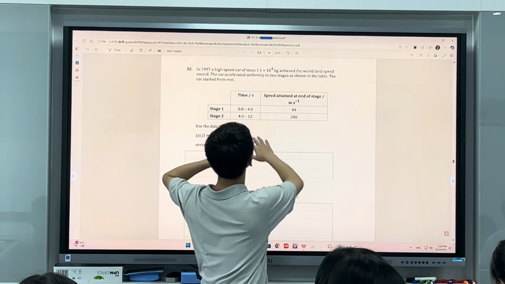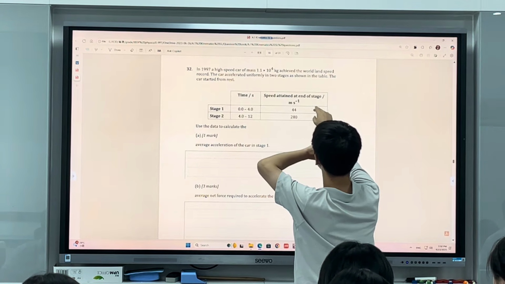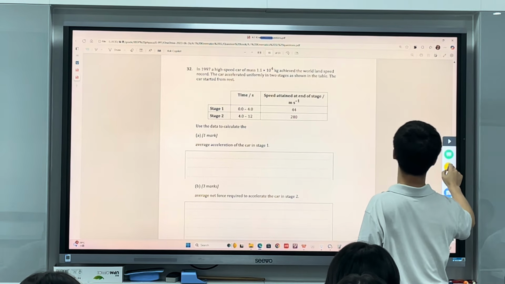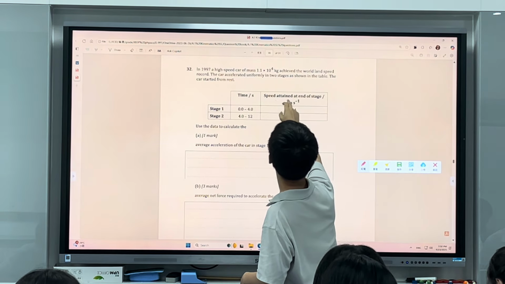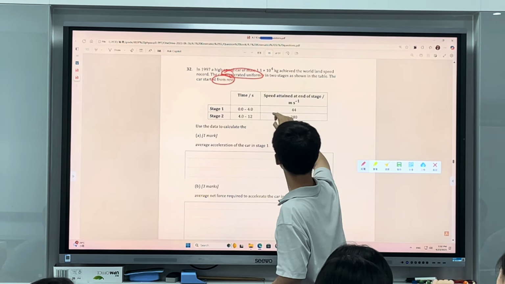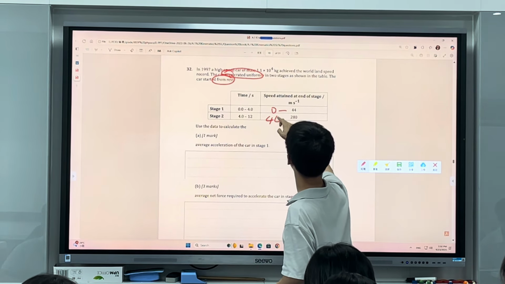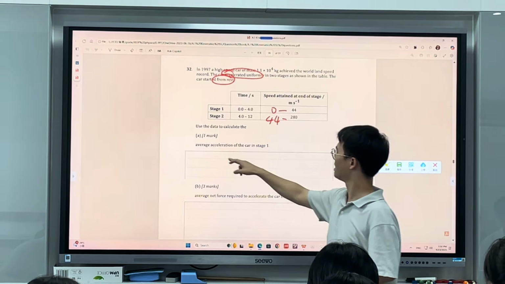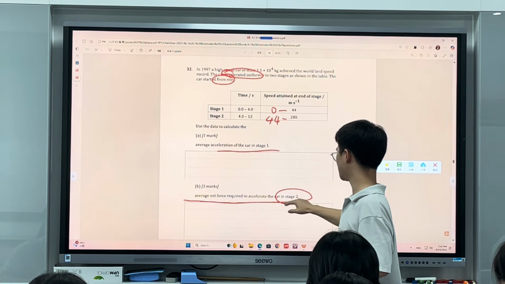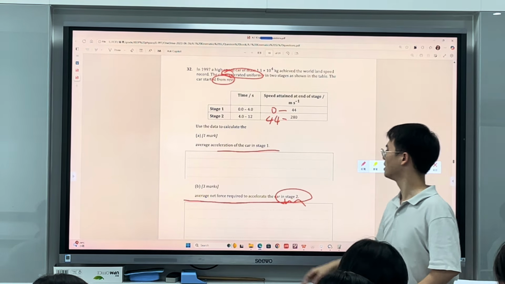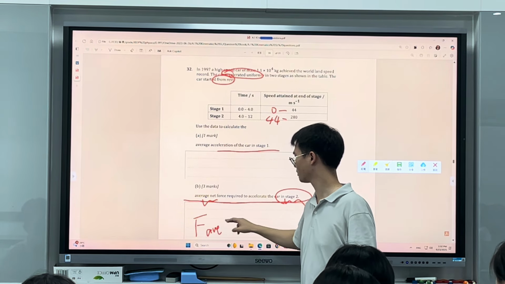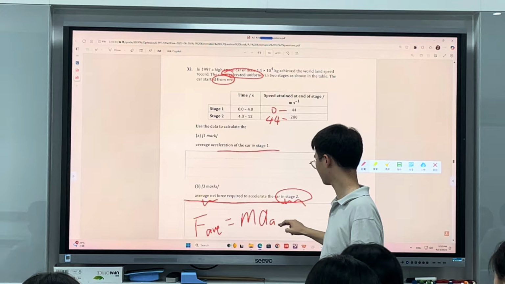Right here. Stage 1. Speed attained at the end of stage 1. Accelerate starting from rest. So it's 0 to this and 44 to this. Okay. Average acceleration is easy. Average net force required in stage 2. How do we calculate net force? Change of v over t.